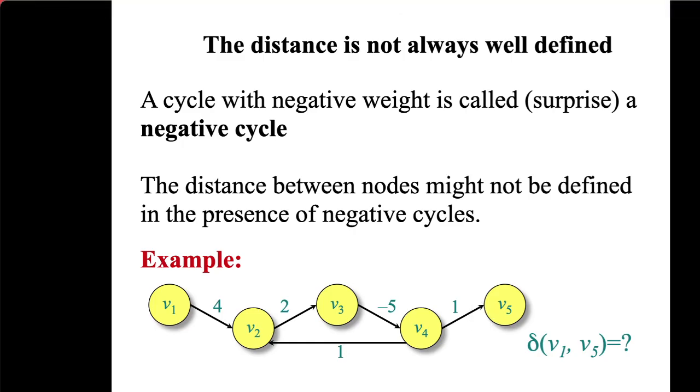It can be minus infinity. It's not necessarily the negative edges. I might have a graph with negative edges, but once I have a negative cycle, then I need to realize that there is no meaning to the question of what is the best path between them.